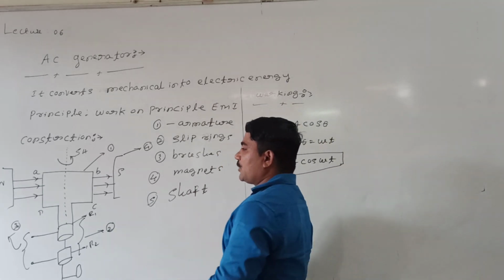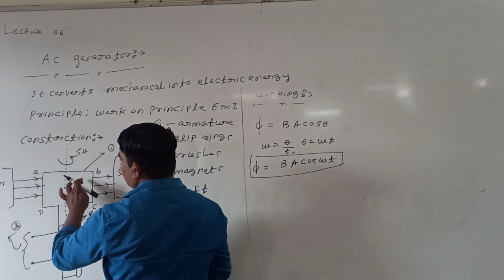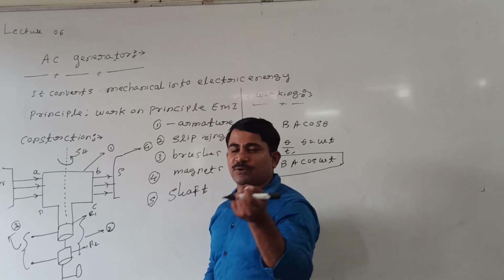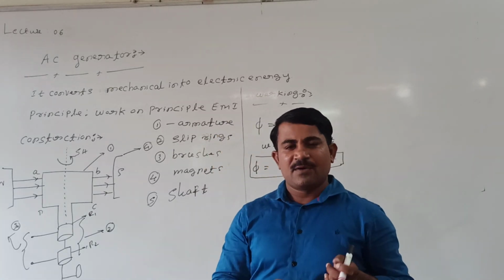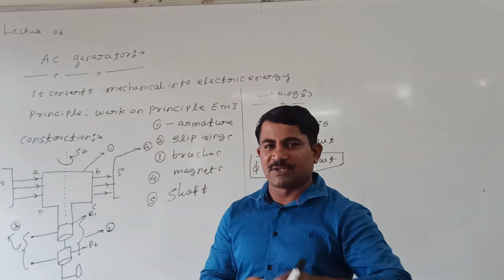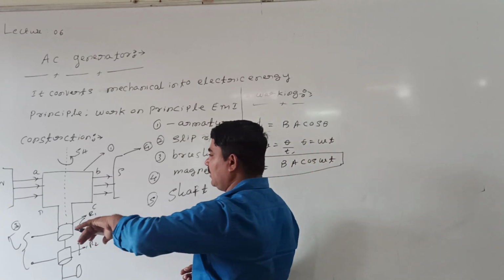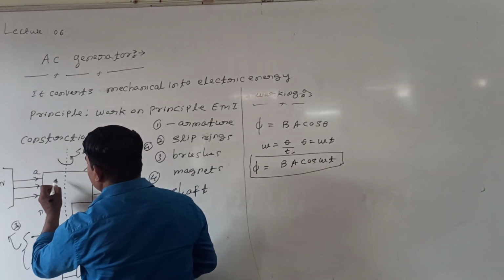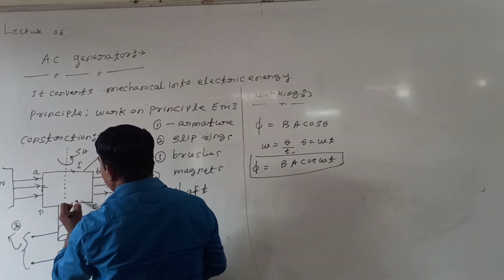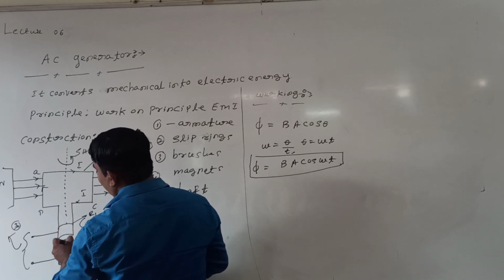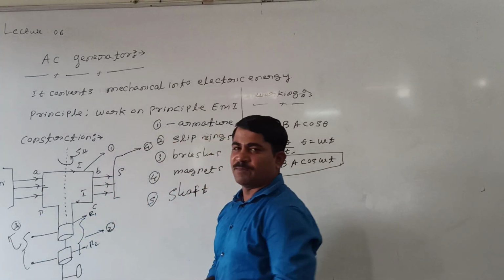During the rotation of this coil, from 0 to 90 degrees, 90 to 180, 180 to 270, 270 to 360 degrees, the EMF changes. The EMF is induced in the coil in this direction, and output can be obtained across the carbon brushes.